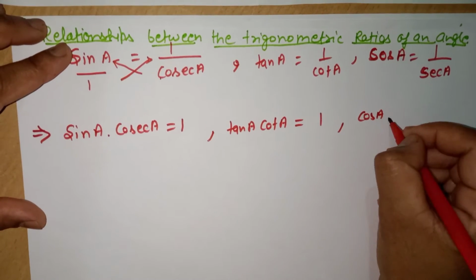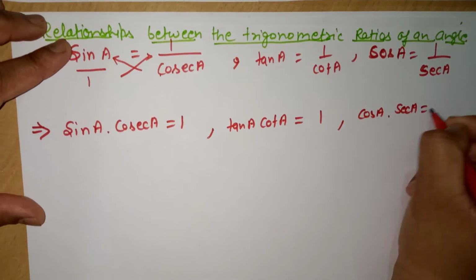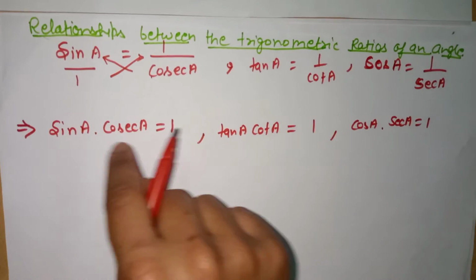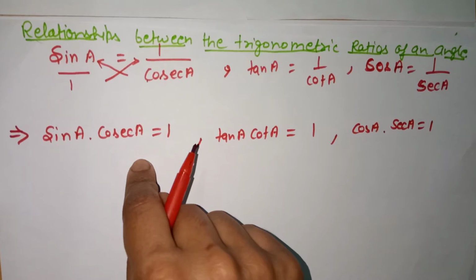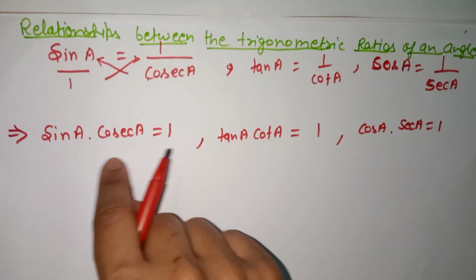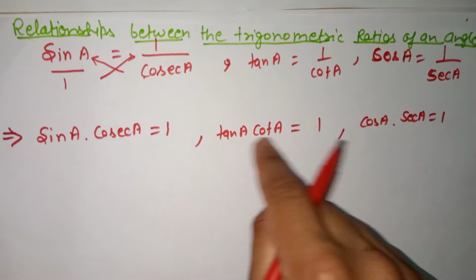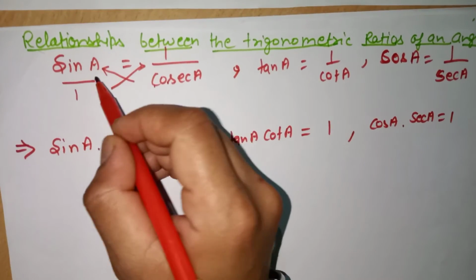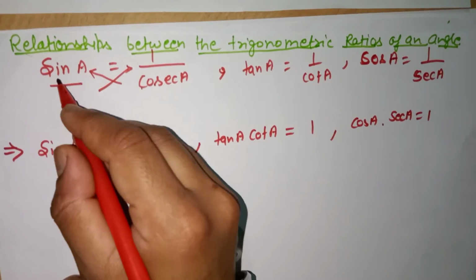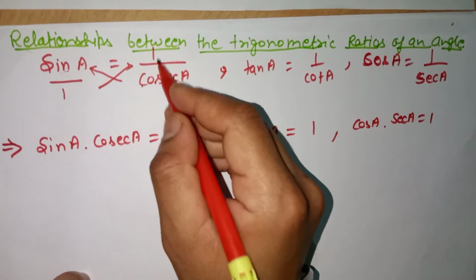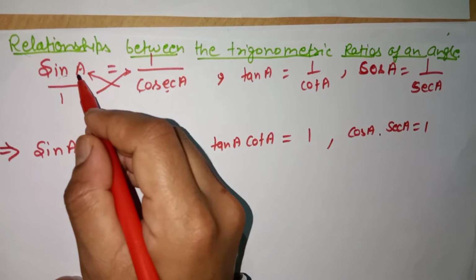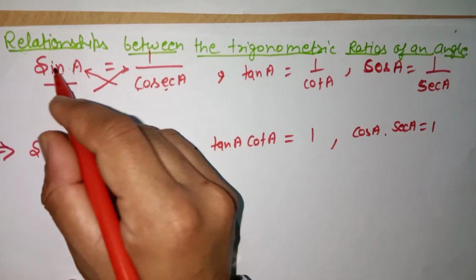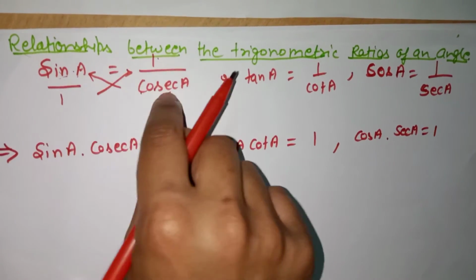Cos A multiplied with secant A is equal to 1. So whenever in the question these two terms are multiplied, we can write 1 in place of these terms, and also 1 in place of tan A multiplied with cot A. And also in the question sometimes we have to write 1 by cosecant A in place of sin A. So please remember all these formulas, or we can say that cosecant A is equal to 1 upon sin A, because these are inverse of each other.